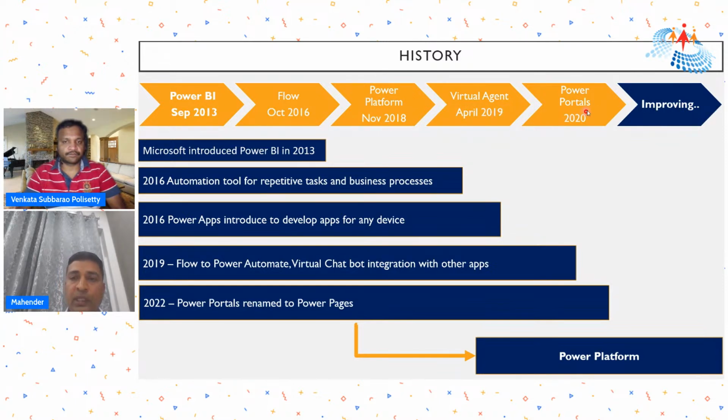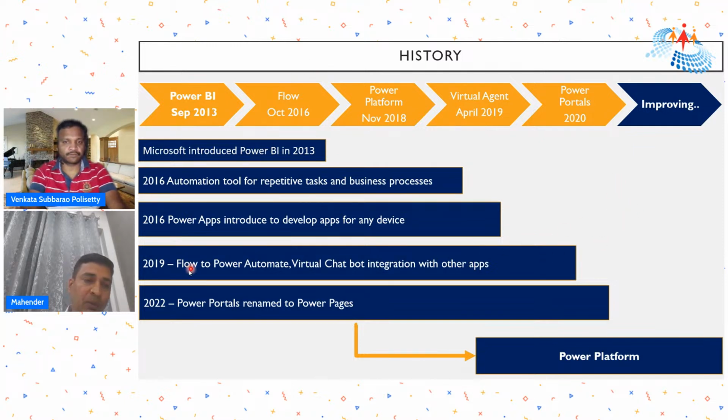And in 2020, they introduced Power Portals, which is basically for building public websites, right? Now Microsoft is investing a lot in this Power Platform. They are adding lots of new features, and improvement is continuously going on, and we get lots of new features with every wave that we get yearly, right?